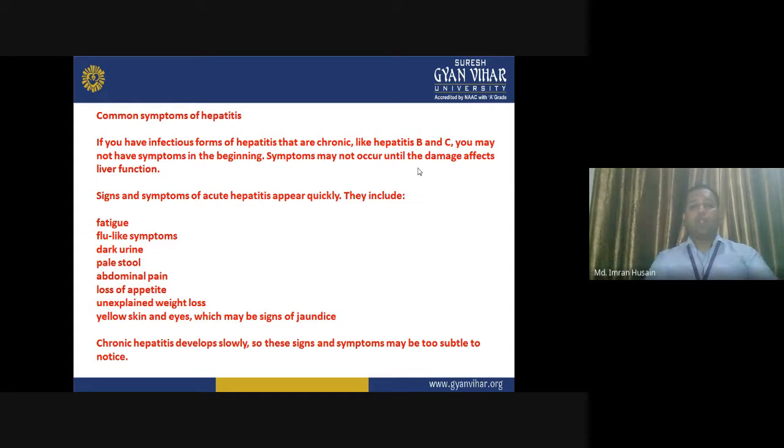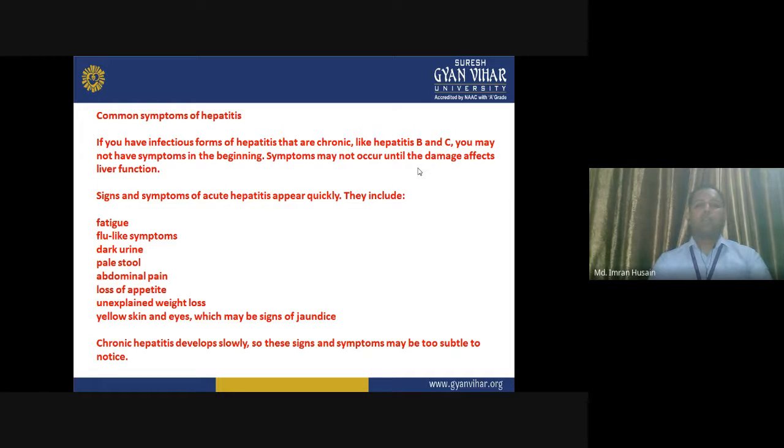In the beginning, that particular individual can appear to be healthy and normal and functioning properly. Symptoms may not occur until the damage affects the liver function. So, the symptoms become visible when the condition starts to inflict damage or affect the normal functionality of the liver.